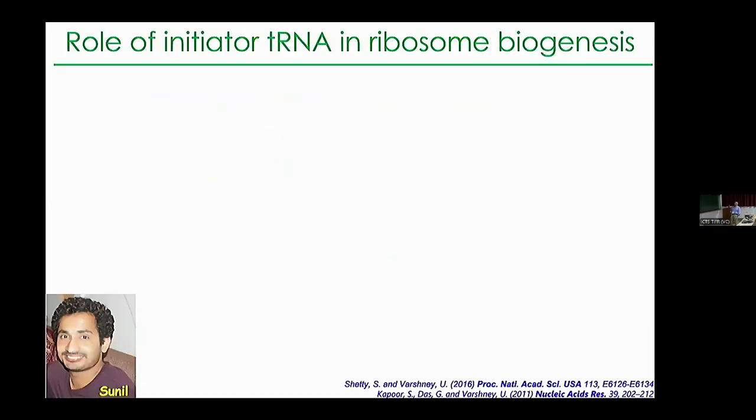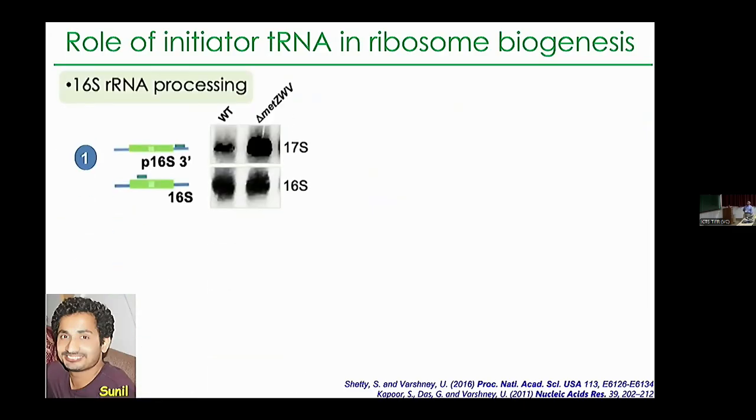So Sunil, who was at the meeting until last week, did a few experiments. And what he wanted to see was really what is happening. Is it really a ribosome biogenesis problem? Based on simple northern blot analysis, you could design a probe which will detect the extensions or detect the mature form of the ribosomal RNA.